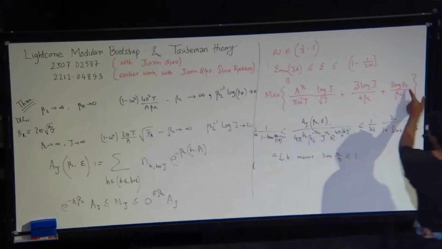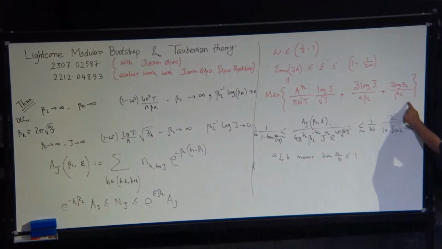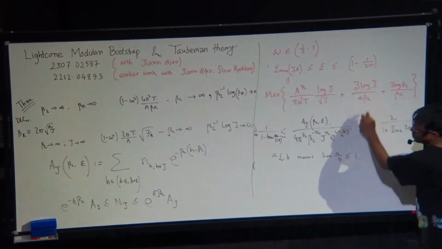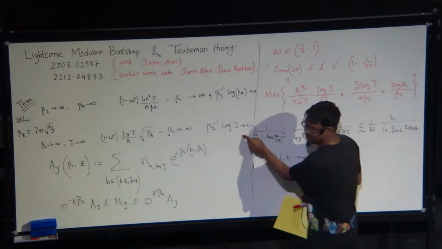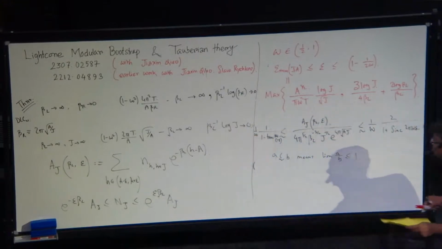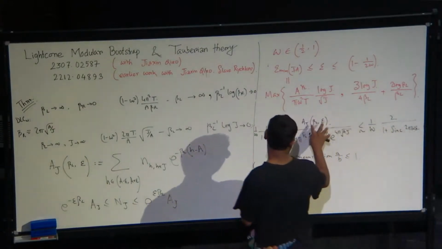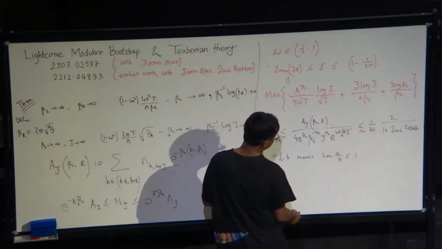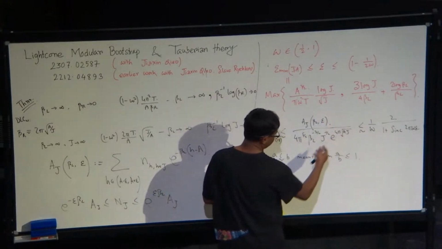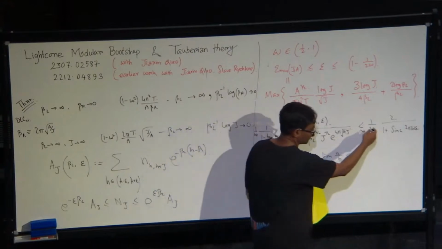Here also log beta L over beta L goes to 0, and this goes to 0 because of the condition beta L inverse log j goes to 0. So basically this shows that I can make my window shrink to 0, and even then this quantity Aj beta L epsilon divided by this exponential growth is bounded by some number.